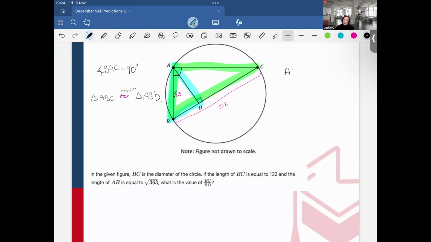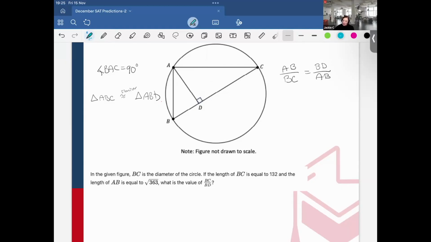So I know that AB, oh my, what happened? Okay, well, sorry, I wanted to erase that all. So I know that AB is similar to BC, and that's similar to BD, which is similar to AB.